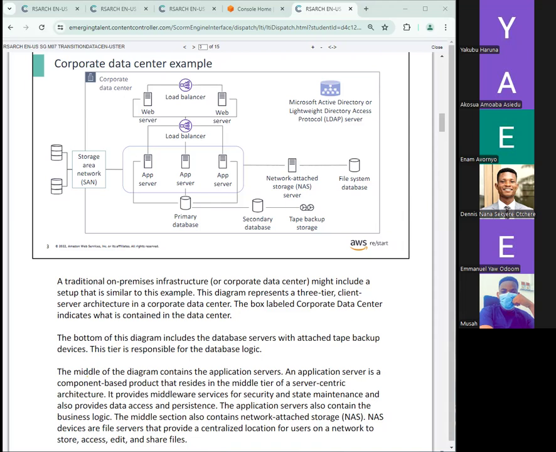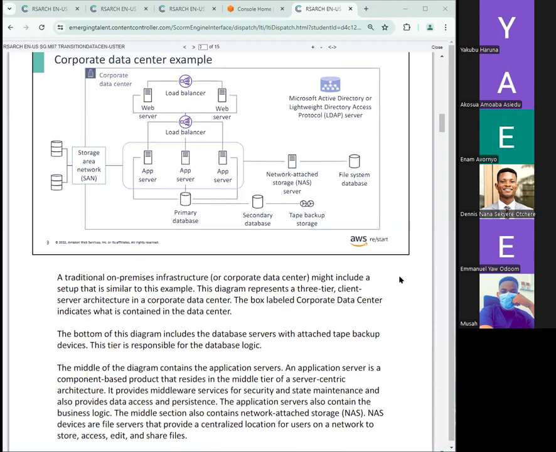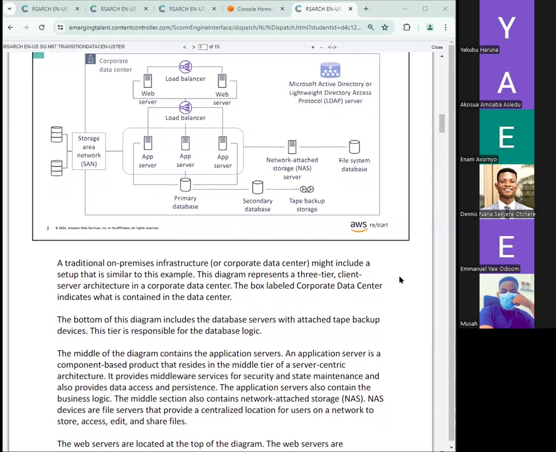So could it be that this database is similar to the other database, you are storing your data in this, and then any large files, which we don't have to store in the database, will be in the network attached storage, and then the database will be pointing to it? So that's what I'm thinking, that probably this file system database is a database for the file storage. Okay, that makes sense.